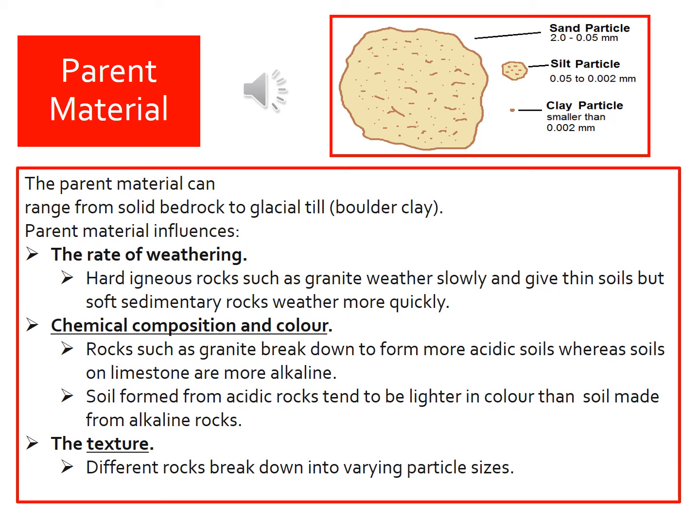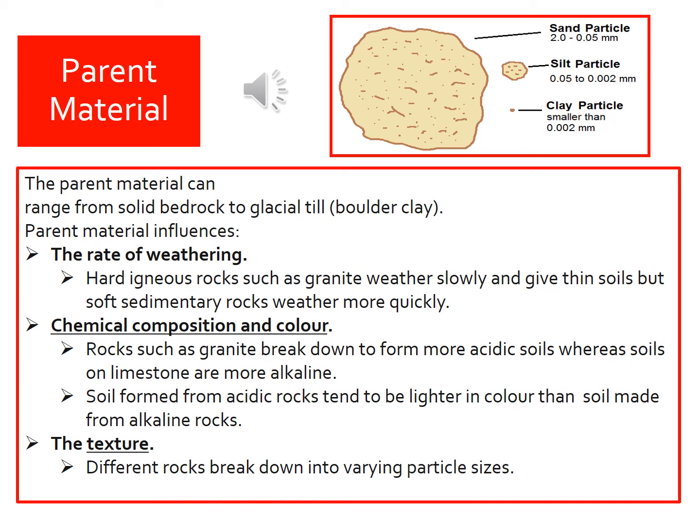Chemical composition and colour are important ones for you to be aware of for later on, and it's basically, is it acidic or less acidic, and what colour is it going to be. So parent material has an influence over colour and acidity. The last one is texture, and you can see up at the top we've included that clay particles are very small, then it's silt, then it's sand.